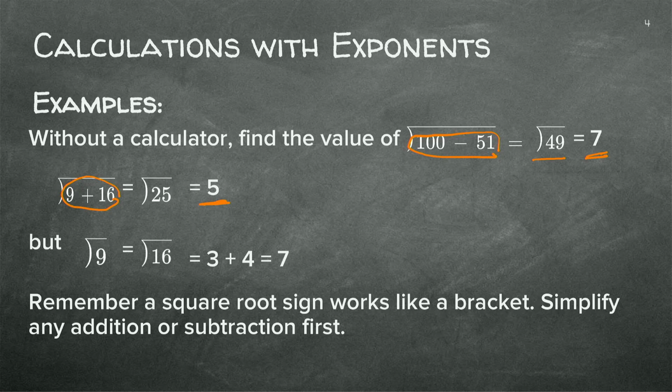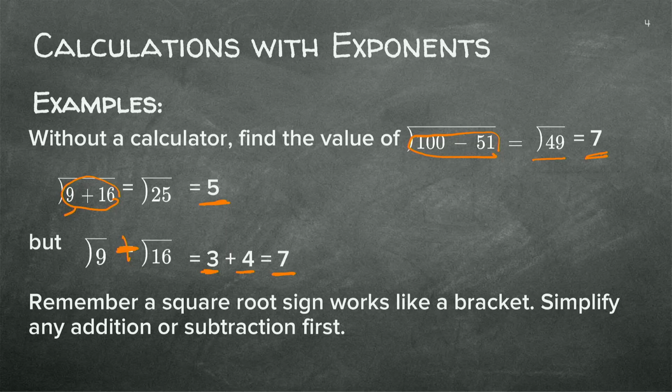But this is the difference. Remember, we added if it's under the one square root. But if it's given to us like this, the square root of 9 plus the square root of 16, so what does that give us? Square root of 9 is 3, the square root of 16 is 4, and that will give us 7.